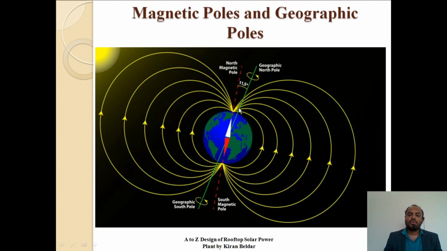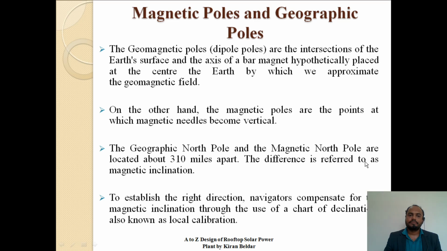This diagram shows that magnetic flux occurs around the Earth. The geomagnetic poles, also called the dipole, are the intersection of the Earth's surface and the axis of a bar magnet, hypothetically placed at the center of the Earth, by which we approximate the geomagnetic field.